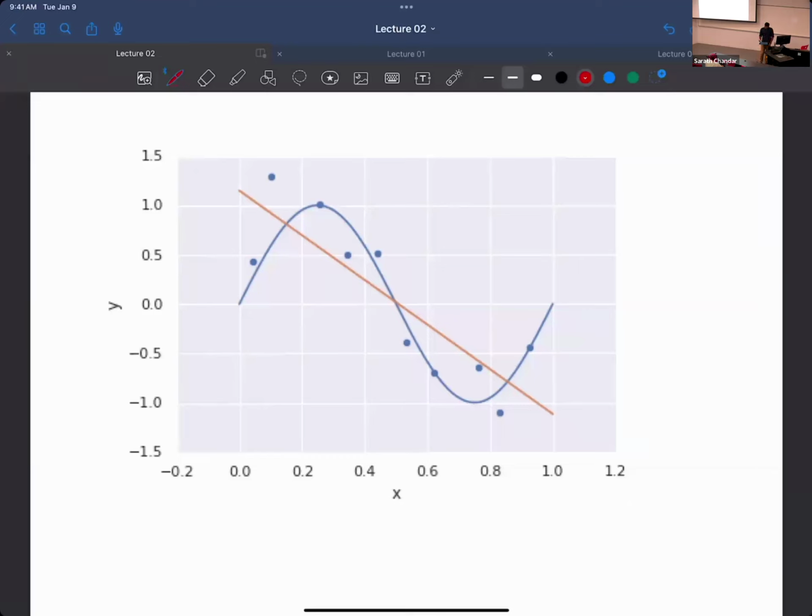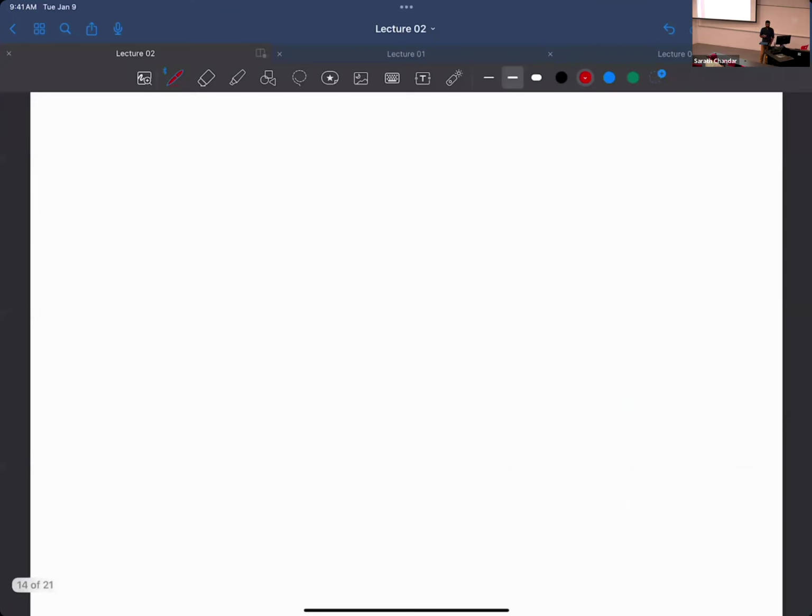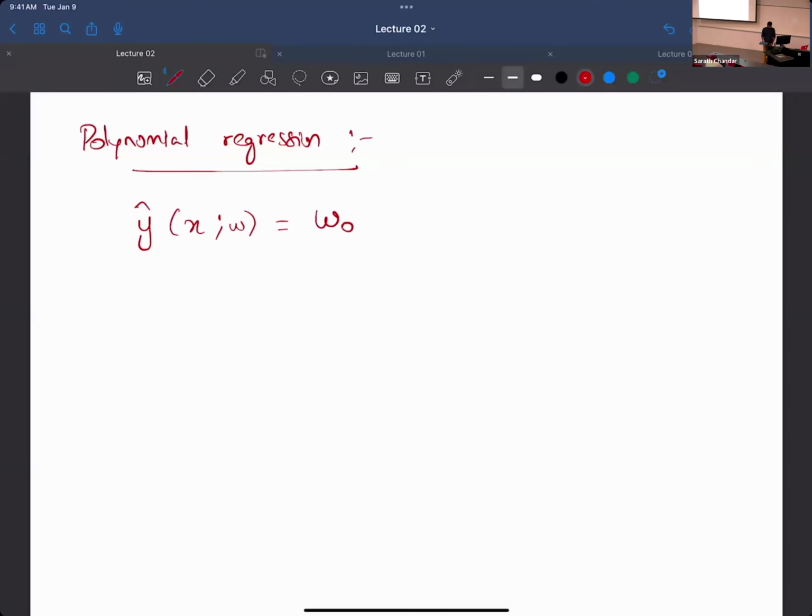So we're going to develop another class of regression models. These are called polynomial regression models. With polynomial regression, the model is going to look something like this: y hat of x given w is equal to W0 plus W1x.